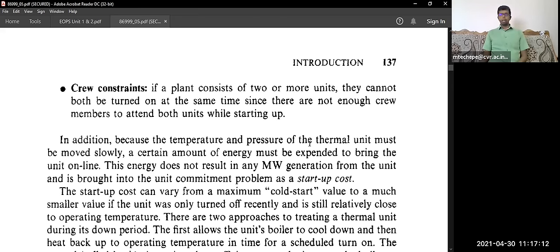We can't bring the temperature to 600, 700, 800 degrees Celsius simply like that. Why? Even at home, when we boil water to 100 degrees Celsius, it depends on the amount of water. If you take 1 liter, it takes 10 to 15 minutes to reach 100 degrees Celsius.